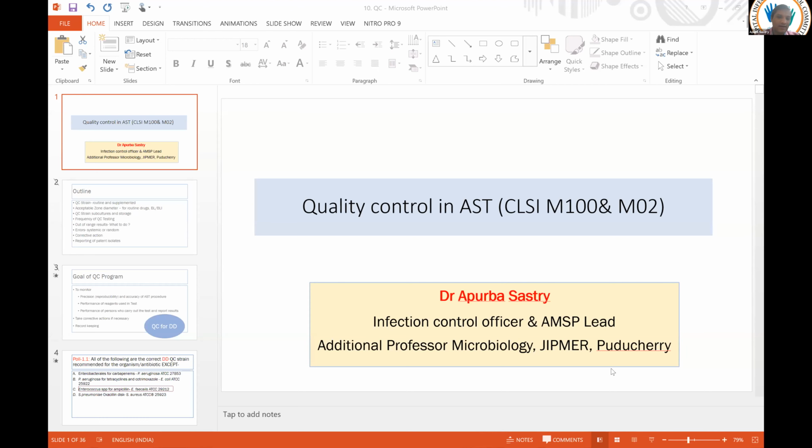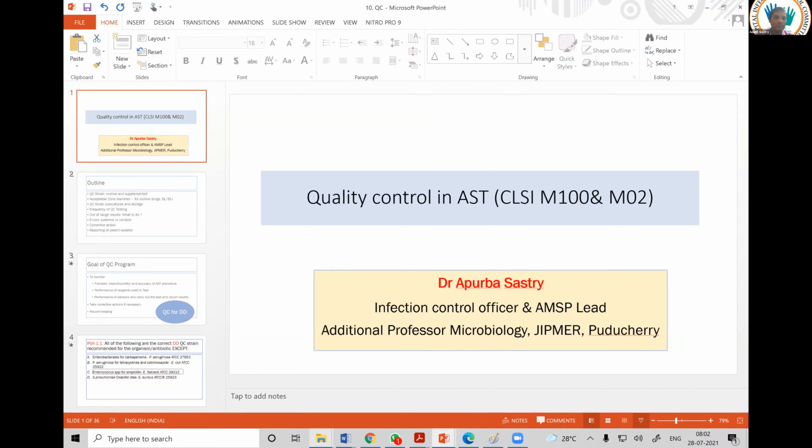This is again a very important aspect of AST, because unless you have a robust mechanism to know that your AST methodology is appropriate, it is very difficult to say that the antibiotics you are reporting are going to work effectively in vivo for the patient. To have a reliable AST report, you have to have a robust mechanism to know whether the methodology is correct or not.